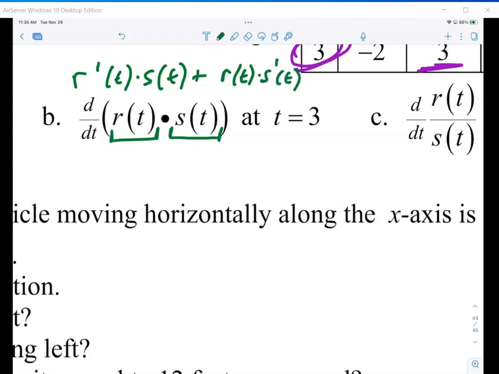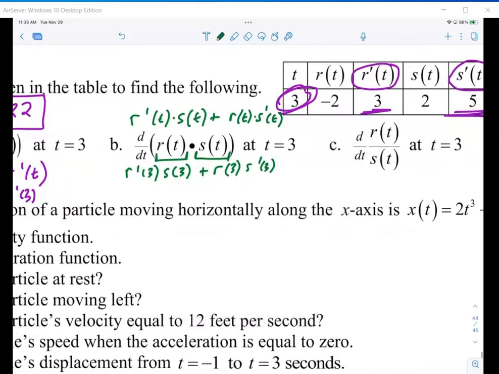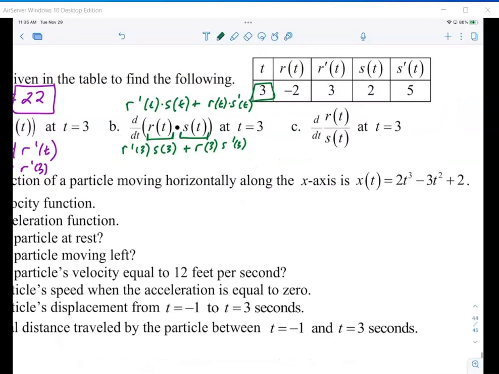Now, at time 3, it's basically asking me: what's r prime of 3, what's regular s of 3, what's regular r of 3, and what's s prime of 3. All of that is going to come directly from the table. This tells me they're all at 3. It only gave me 1 row because that's all I needed.